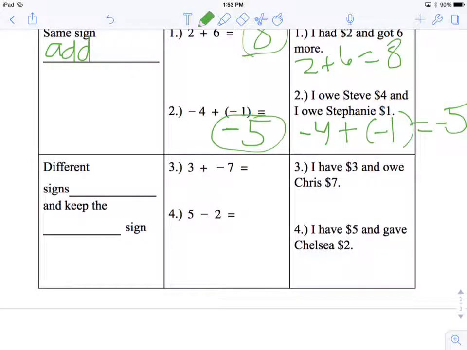If the signs are different, you subtract and keep the sign of the larger. Keep the larger number sign.